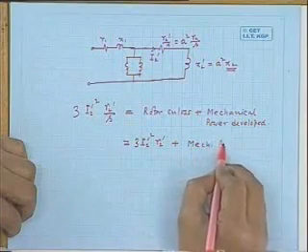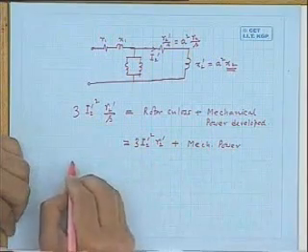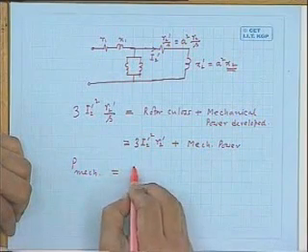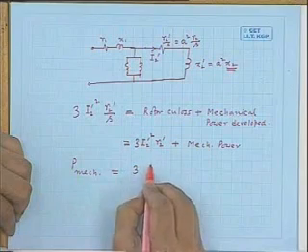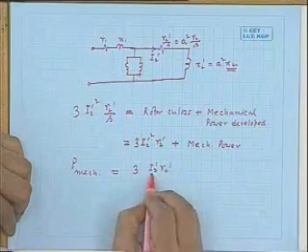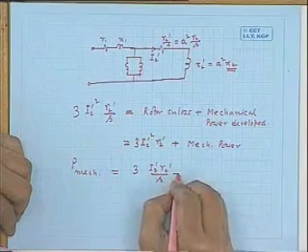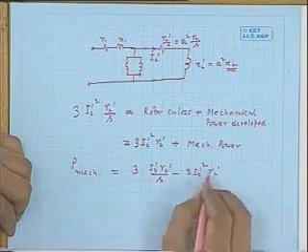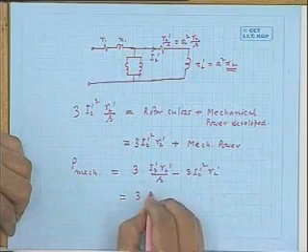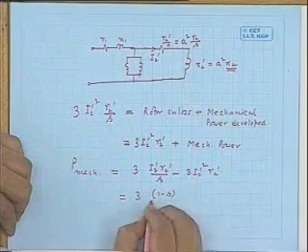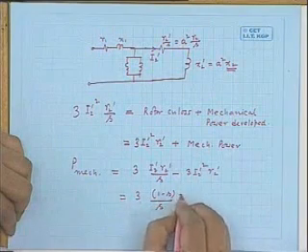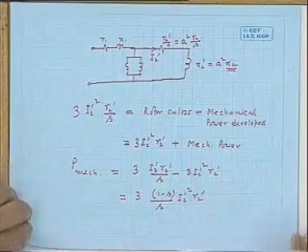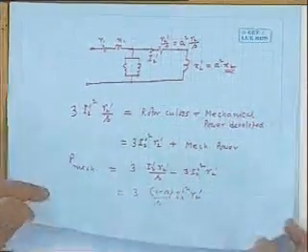And then the mechanical power: P mechanical will be 3 I2 dashed squared R2 dashed by S, minus 3 I2 dashed squared R2 dashed, which will be equal to 3 into (1 minus S) by S into I2 dashed squared R2 dashed.